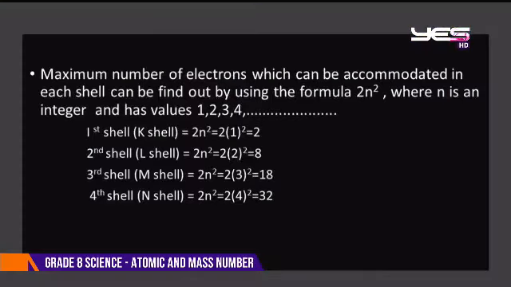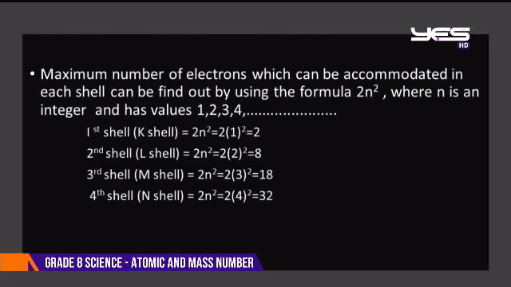For example, the first shell or K shell: n value is 1. So 2 into 1 square. 1 square is 1 into 1. Then into 2 we will get 2. So K shell can accommodate maximum 2 electrons.